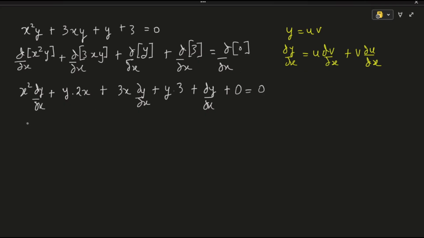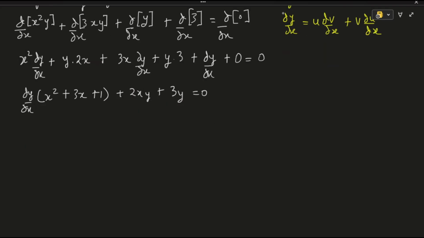So let's factorize dy dx out, we're going to get x squared plus 1 plus 2xy plus 3y is equal to 0.